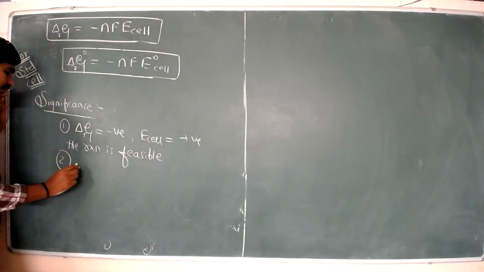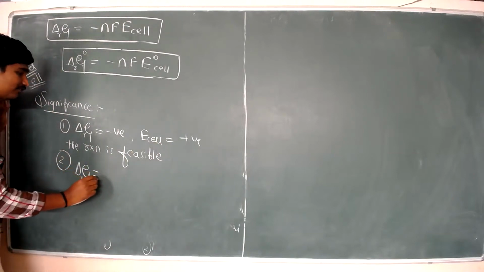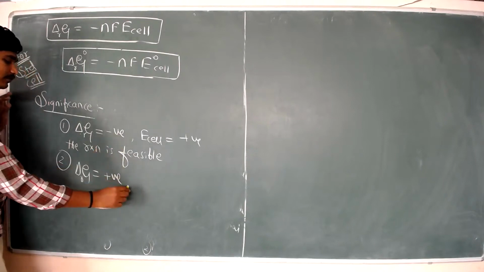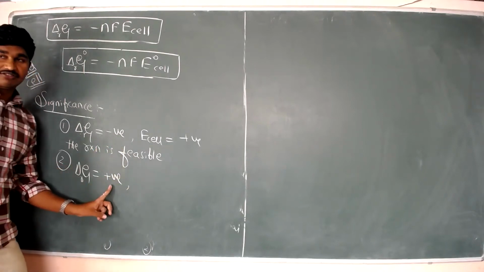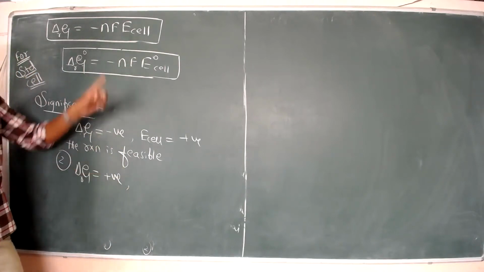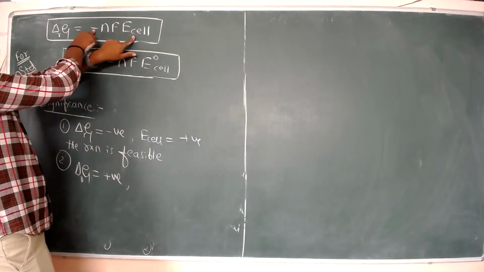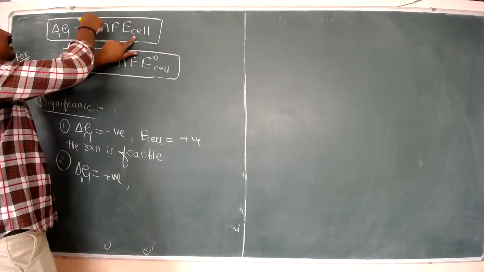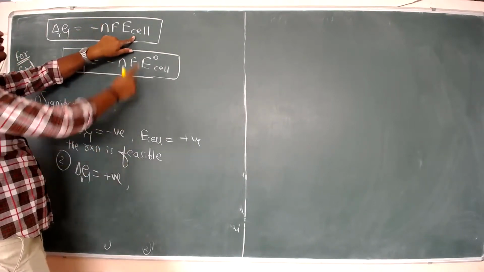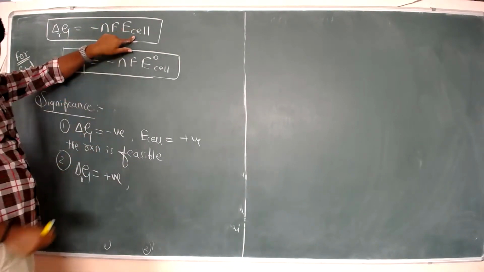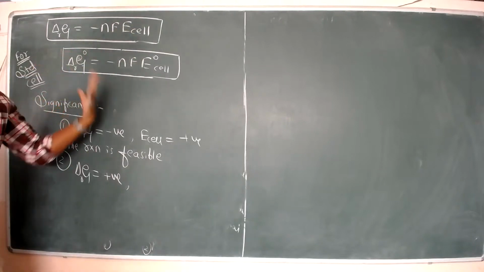Now, what happens when delta G is positive? I want the total answer in terms of positive. Here negative is there, so E cell should be negative, because negative into negative is positive.